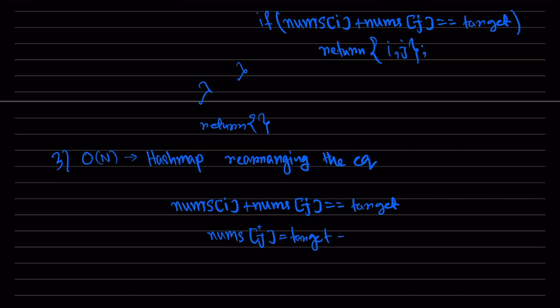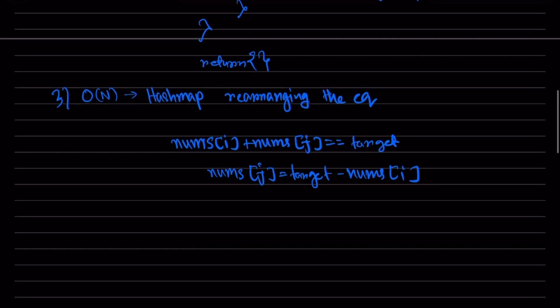Target minus nums[i]. So let's start doing the dry run of this algorithm, and then I'll write the pseudocode. If I do not do a dry run, then you guys will not understand what I'm about to do and why the hash map is important in order for us to find a linear time and space complexity solution, right?